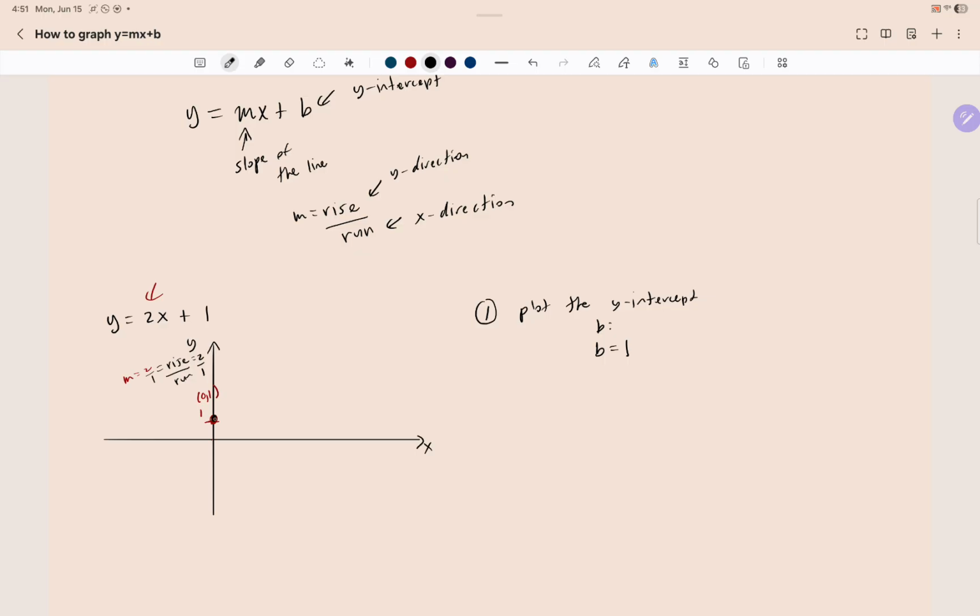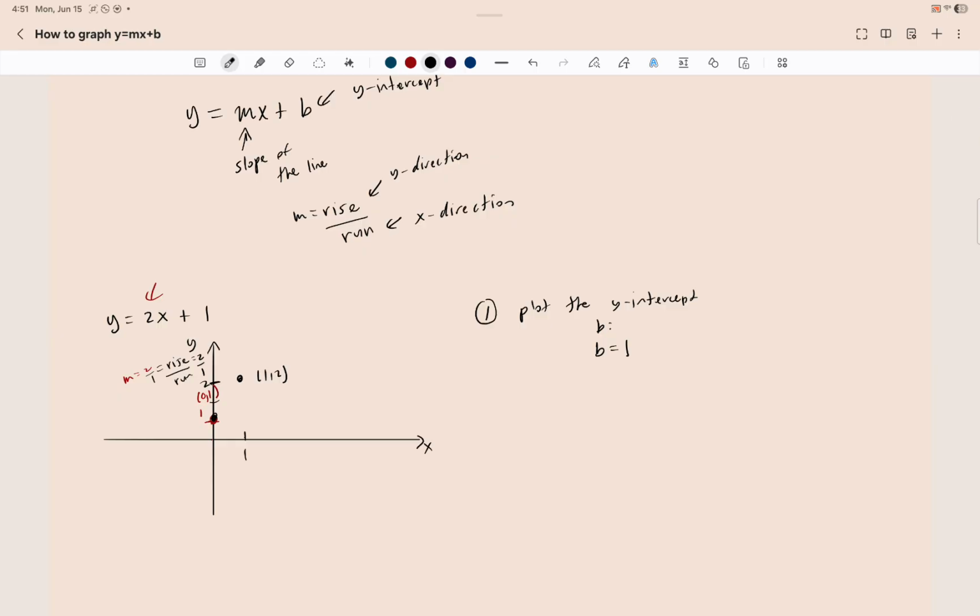So on my y-axis, starting at the y-intercept, the b part, I'm going to go up by 2. So I'll go 1, 2, and then I'm going to move right 1. So I'm here. And this point here is going to be 1, 2.